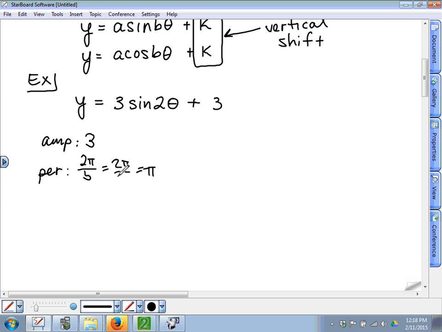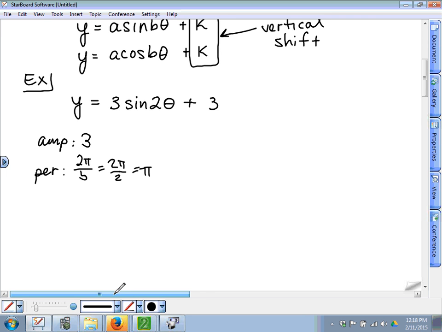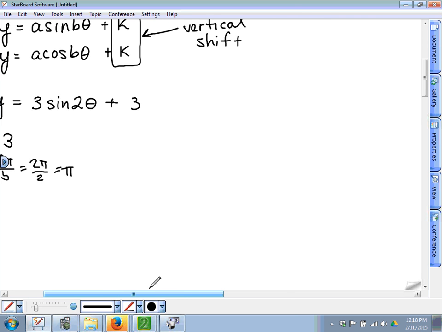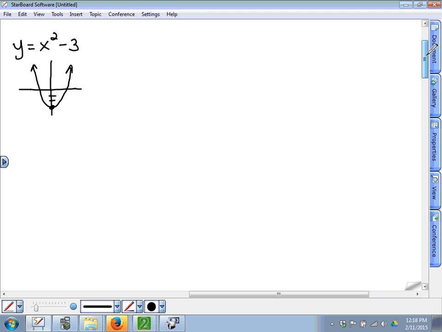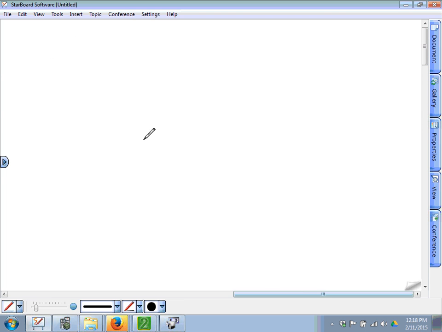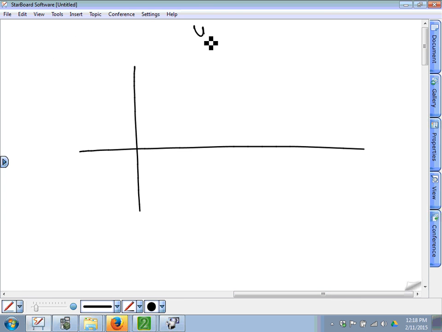Okay, so we're going to graph this. Before I do though, there's one word I forgot to show you guys last time. So you don't need to write this down. But if we were graphing something like y equals 2 cosine of, I don't know, 4 theta, amplitude is 2, and the period is pi halves.